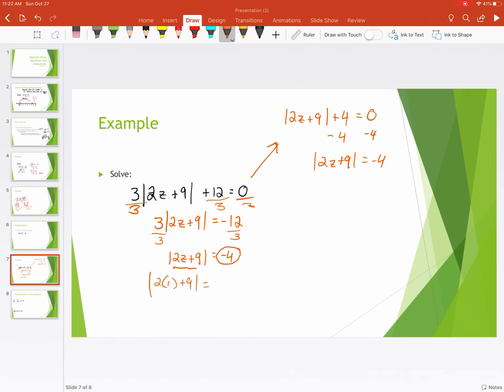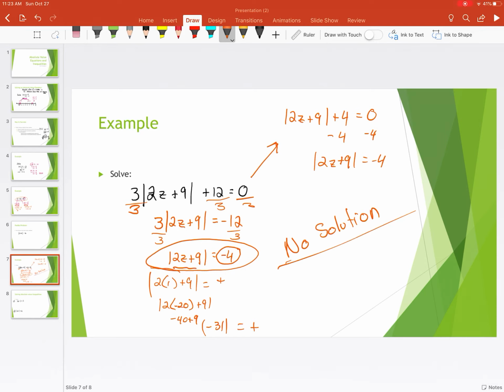Because think about it, if we put any number in for z, let's say 2 times 1 plus 9, that's going to be a positive number. Let's put in negative 20 for z. 2 times negative 20 plus 9, negative 40 plus 9, we still get negative 31, but the absolute value of that is a positive number. There is no set of circumstances in which we can isolate an absolute value and have that equal a negative number. So this is a big fat no solution.